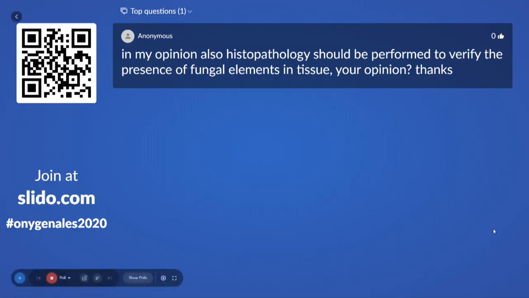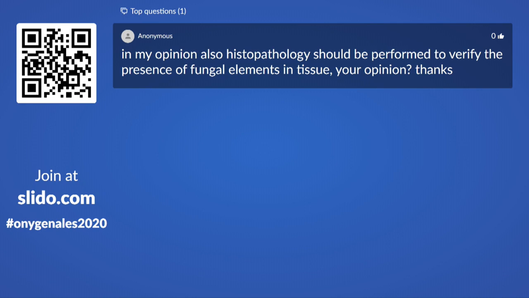Well, actually, of course, I agree with the questioner that we should confirm the diagnosis with microscopic or histopathological examination. And in the future, of course, we are planning to obtain histopathological specimens and analyze them. And I think that in future studies, I will present these results.